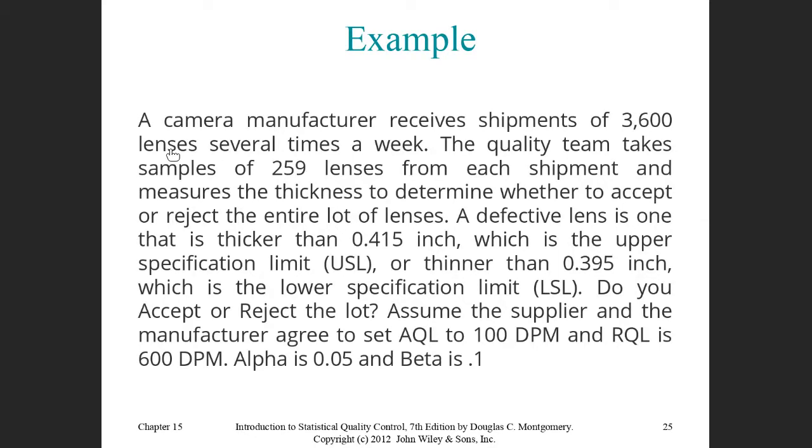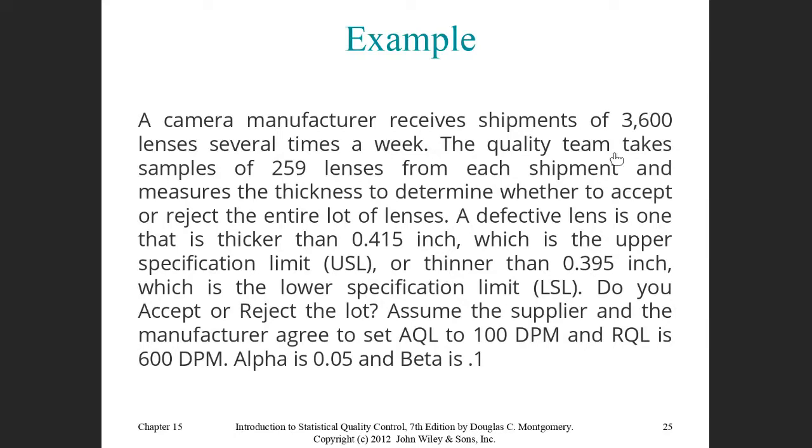We know that companies use parts from each other, and then use their own other parts to make their final product. So this is an example: a camera manufacturer receives the lenses from another factory in shipments. The 3,600 lenses, several times per week.